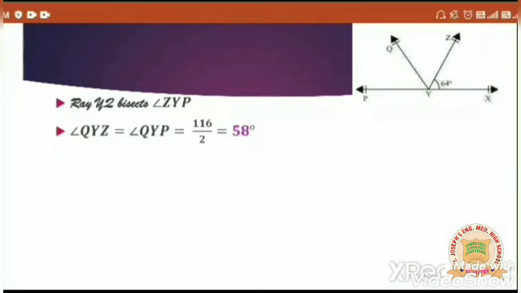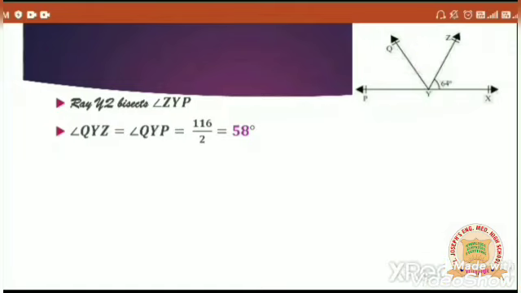Now just see, angle XYQ is equal to QYZ plus XYZ. Just observe, XYQ, this complete angle, is equal to this angle QYZ plus this angle XYZ. This angle plus this angle will give you angle QYX, or XYQ.